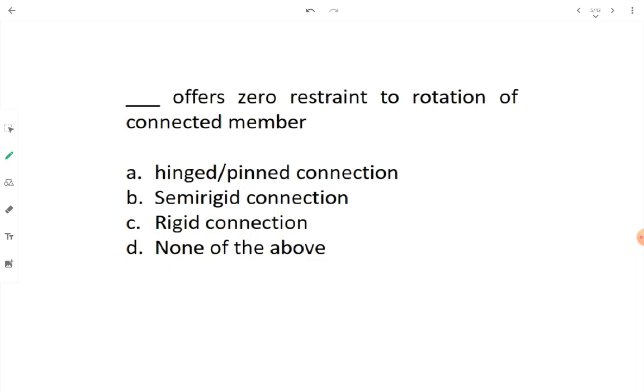Therefore, it offers full resistance against rotation of connected member. So rigid should be cut, then semi-rigid should be cut. The connection which offers zero restraint to rotation, allowing complete rotation of the connected member, is hinge or pin connection.